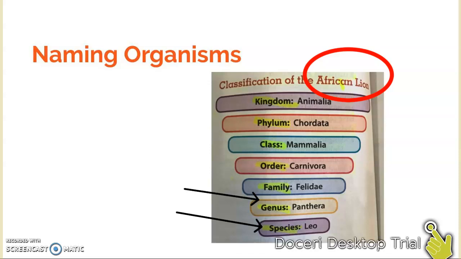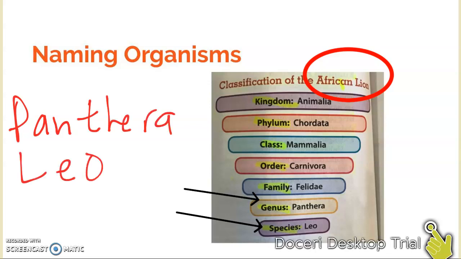You put those 2 names together and you get the scientific name of the African lion is Panthera leo. That's the scientific name of the African lion, the genus and the species.